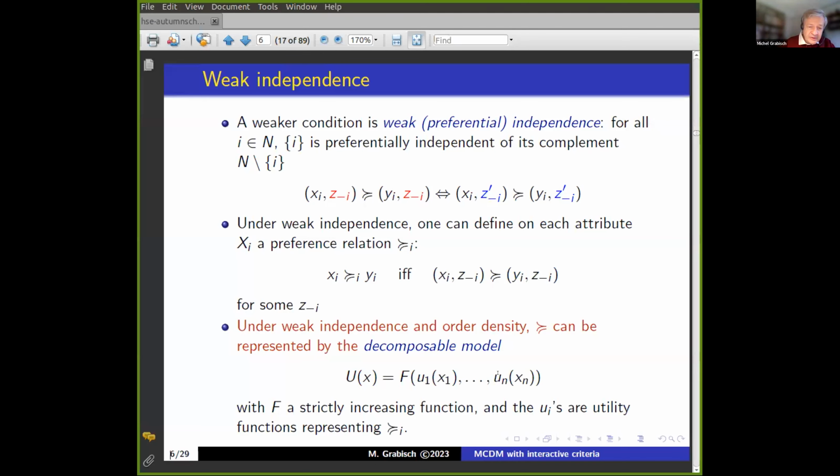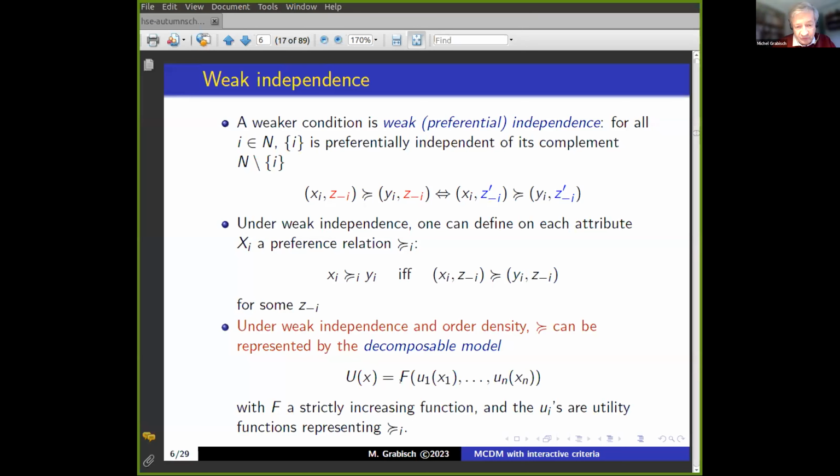And the decomposable model is the following. You say that in this case, the global overall utility function u is just a combination of the marginal utility functions. The combination is done via some function f, which we will call an aggregation function.